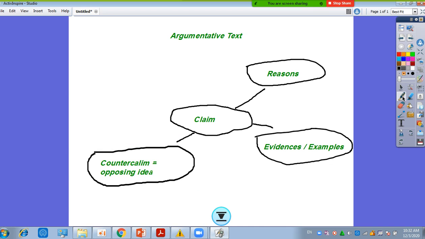Like for example, suppose that we choose our claim that the students should keep their phones with them within the class during the school day. This is your claim. Okay, why did you think about this? What pushed you to do this? The reason is that once the teacher asked us to prepare a project within the class, and we needed to bring some real information that we were not sure about.